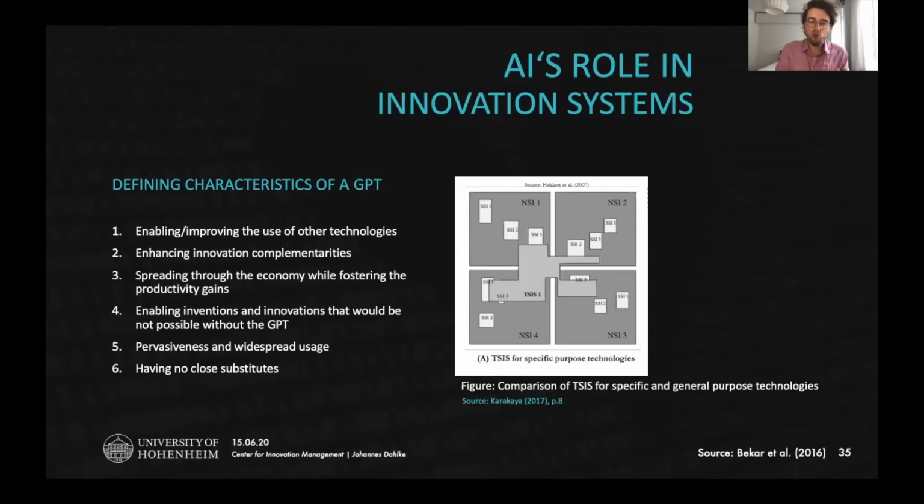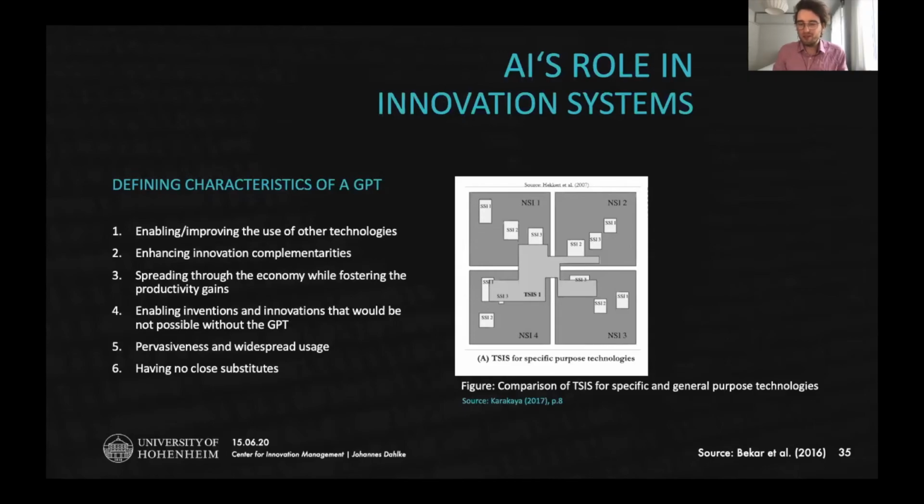It enables new inventions and innovations that would not be possible without the general purpose technology. It's pervasive and widespread, and it has no close substitutes. I think points 1 to 5 are very much true for AI, proving the point that this is a GPT. And point 6 we can argue over, okay?